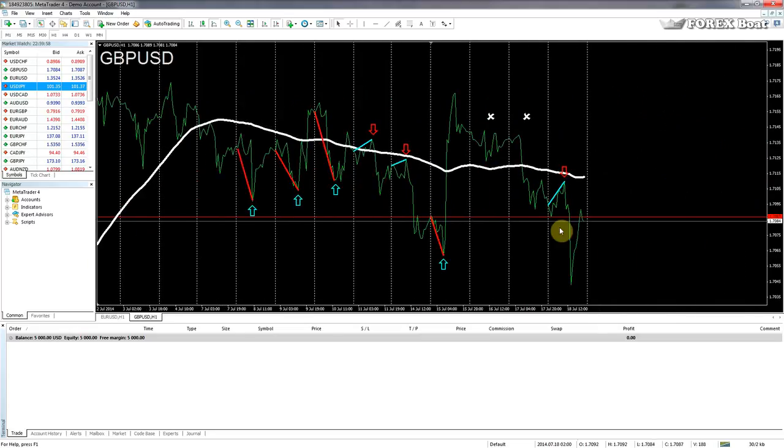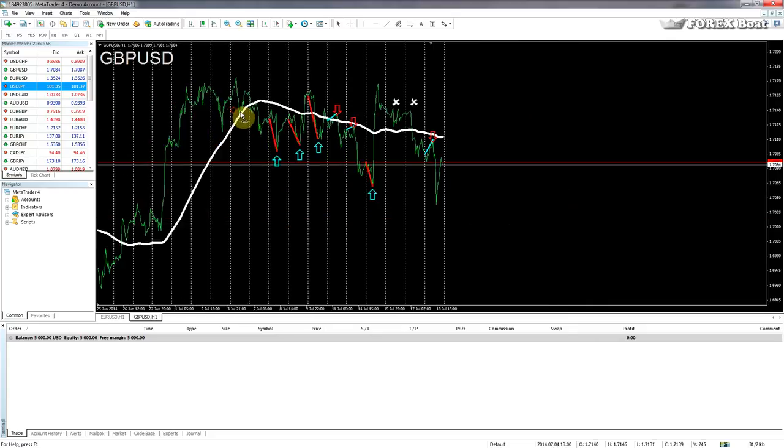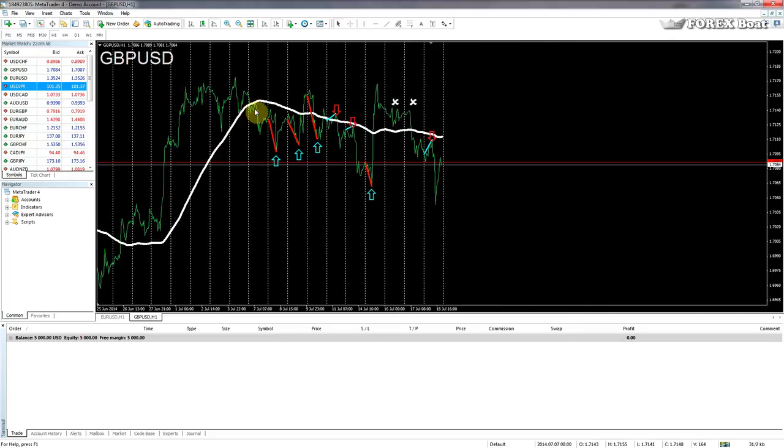The price here is generally below the moving average, but we are buying. So we're going against the trend. If we look back here, the price is going down generally, but every one of these blue arrows is a retracement.